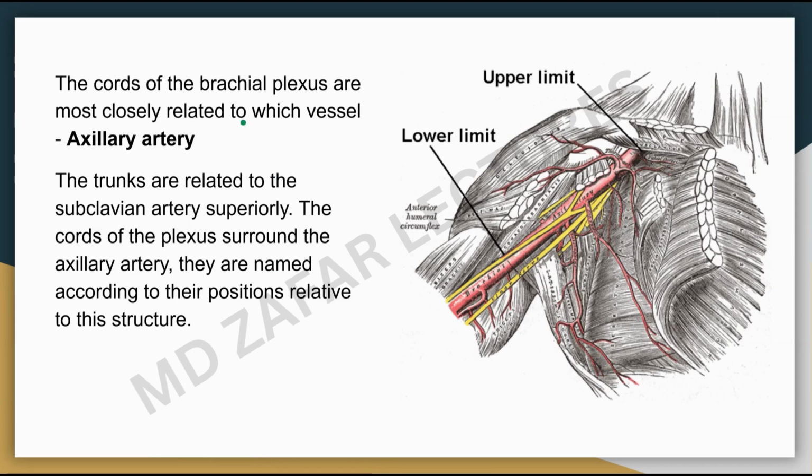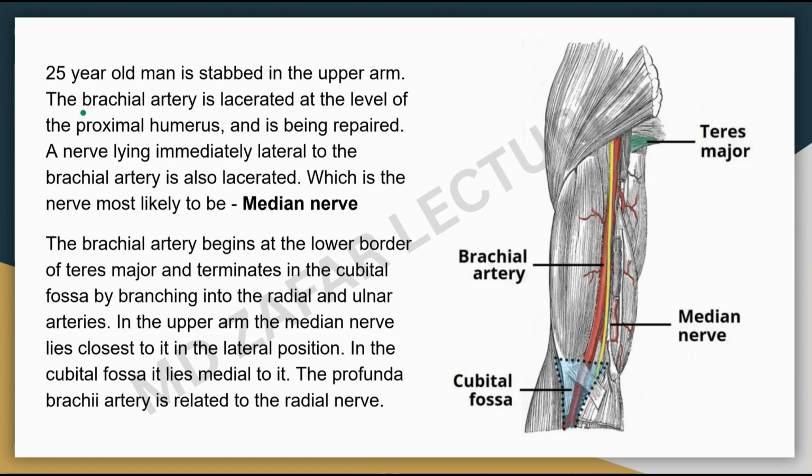So the parts of the brachial plexus are related with, I guess we have discussed this part before. So the answer would be the axillary artery. So axillary artery is basically present in this area, and the trunks are actually named in relationship to this. So we will be having a medial cord, a posterior cord and a lateral cord in relationship to the axillary artery. So a 25-year-old man got stabbed in the upper arm.